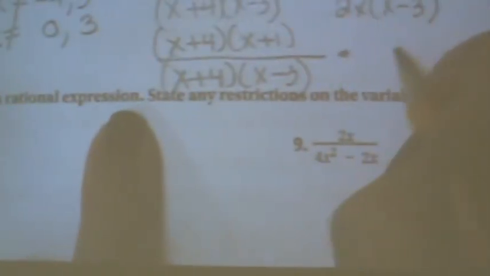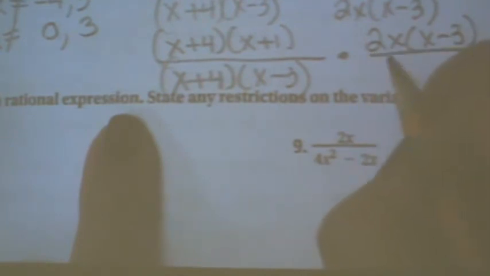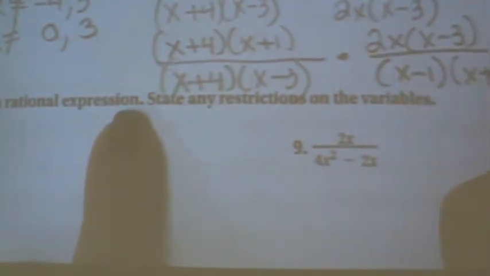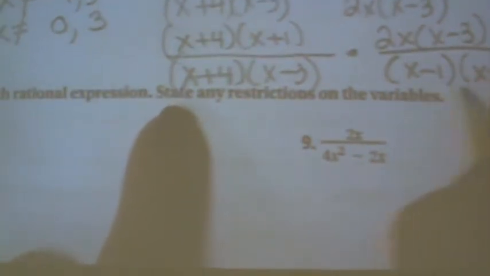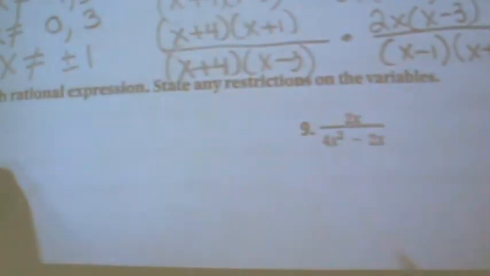I have to add 2 more restrictions. X cannot be what? Positive 1 and -1. What cancels? Those, and the 3.